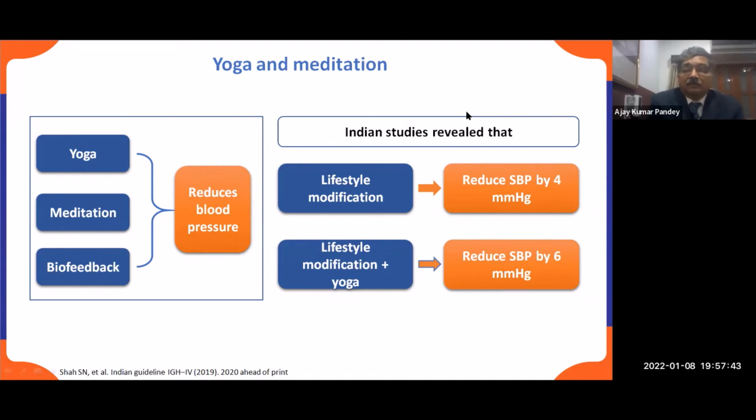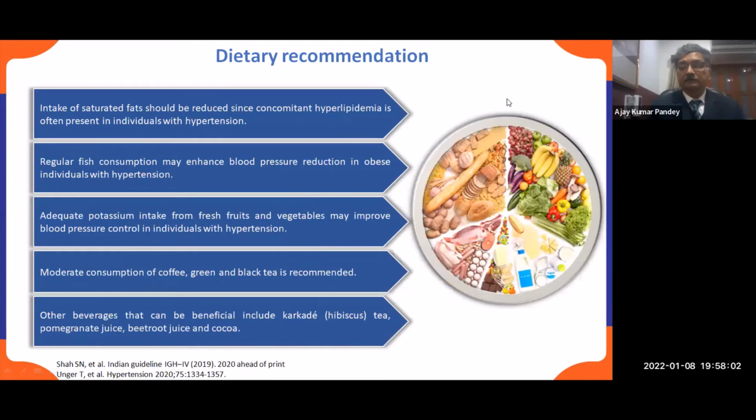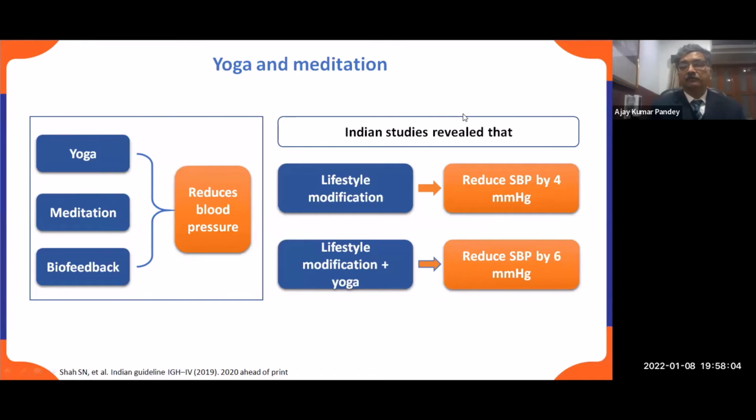But excess of sympathetic activity leads to a lot of cell destruction, a lot of trauma to the cells, a lot of injury to vessel walls. And different Indian studies have also shown that lifestyle modification, particularly with yoga, reduces systolic blood pressure by 6 millimeters or so.